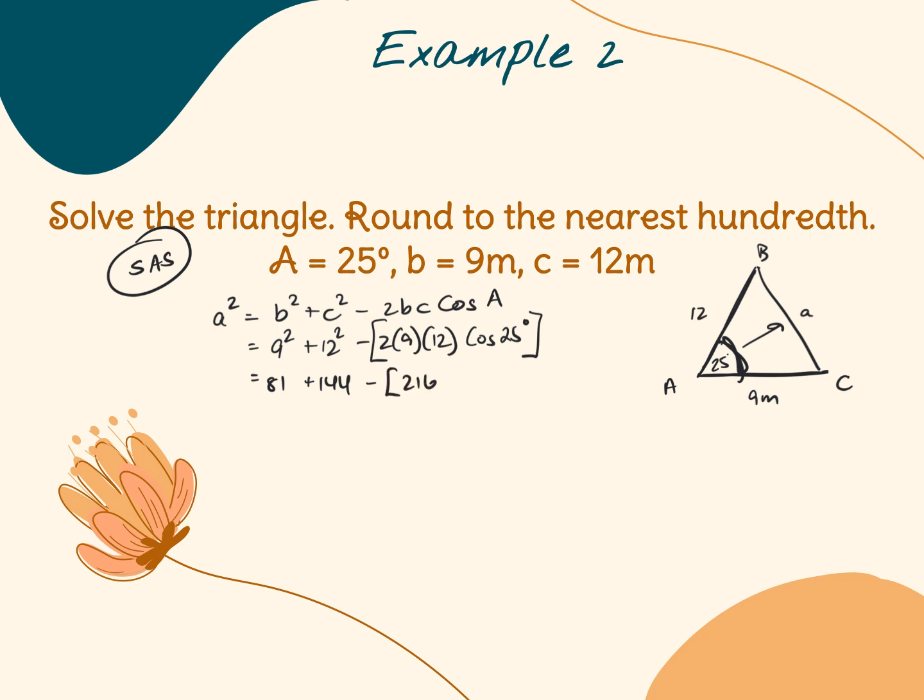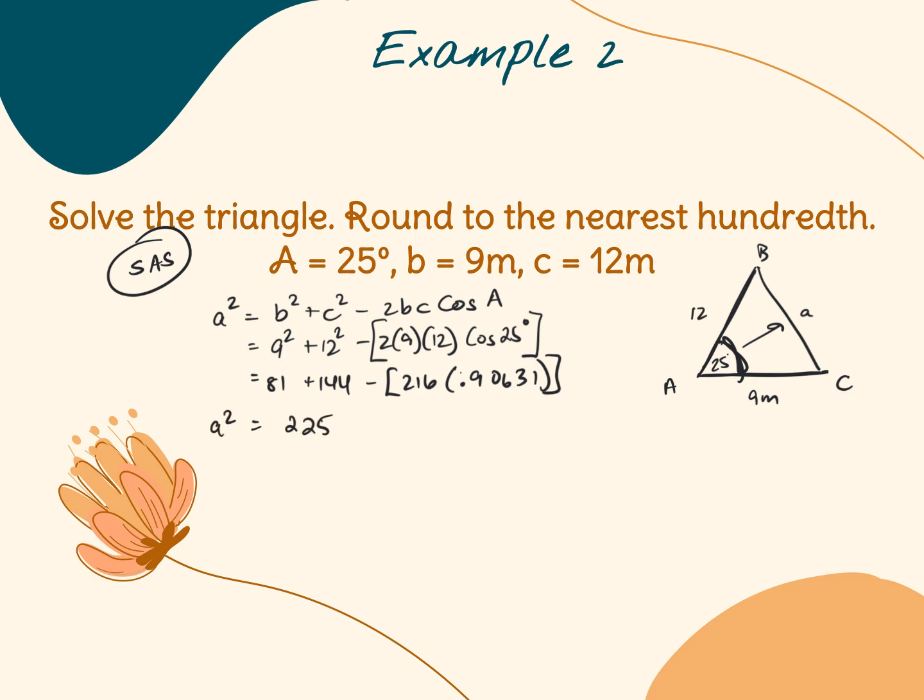2 times 9 times 12 is 216, and the cosine of 25 is 0.90631, something like that. So a squared equals, 81 plus 144 is 225.